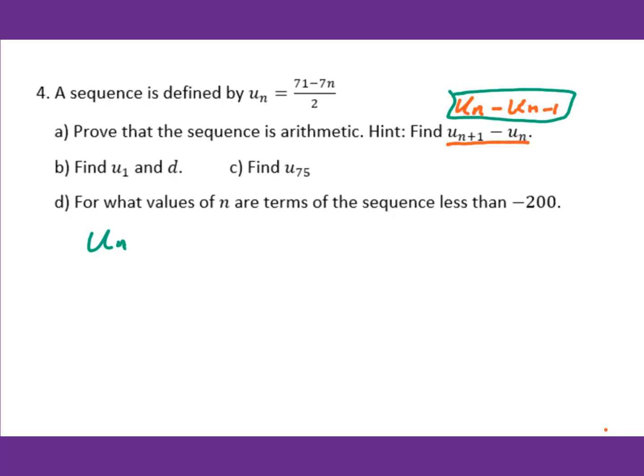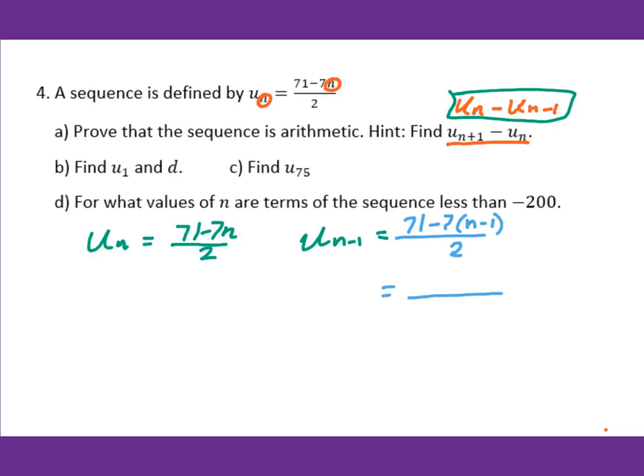So we have U sub n equals 71 minus 7n over 2. U sub n minus 1, which means we change every single n into n minus 1. Therefore, we got 71 minus 7 times n minus 1 over 2. We simplify. You will get 71 minus 7n plus 7 over 2, which means 78 minus 7n over 2.